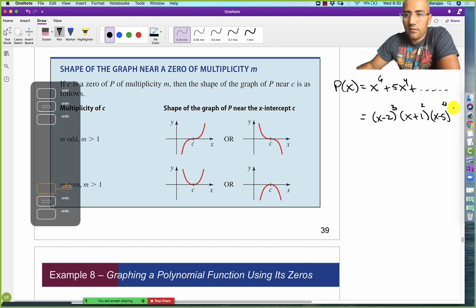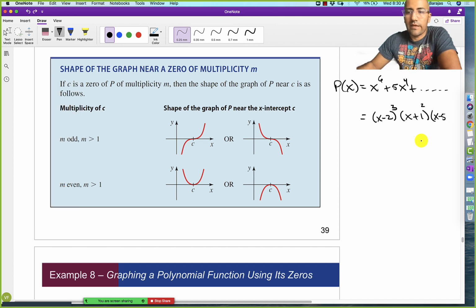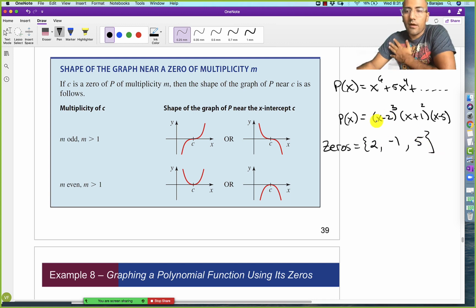Let's just leave it like that. So let's say that's how it factors. This is saying that the zeros are positive 2, negative 1, and positive 5, right? These are the values that will result in the polynomial equaling 0.